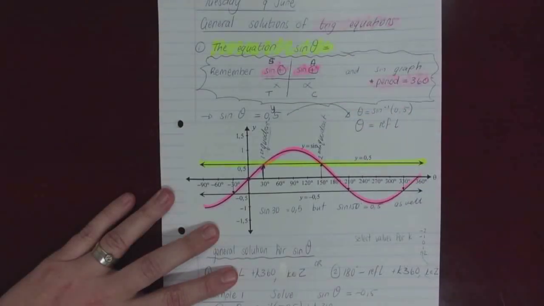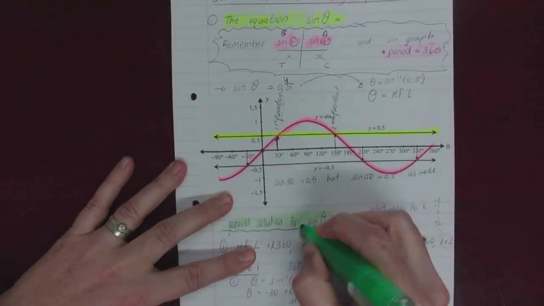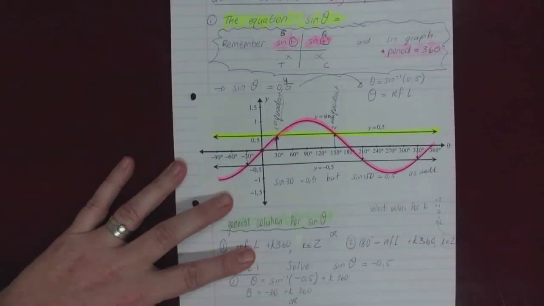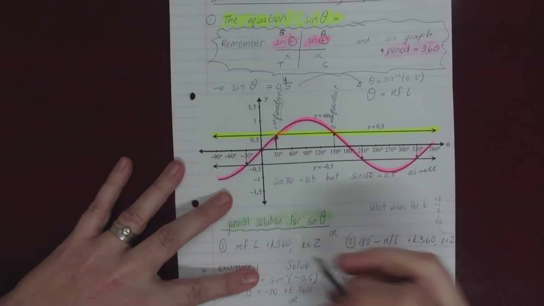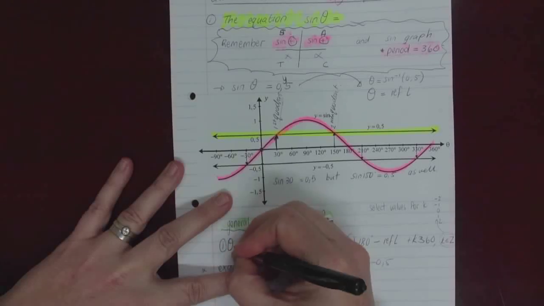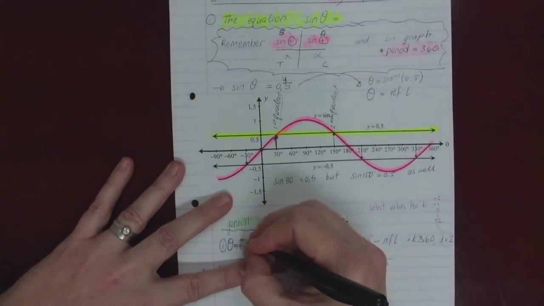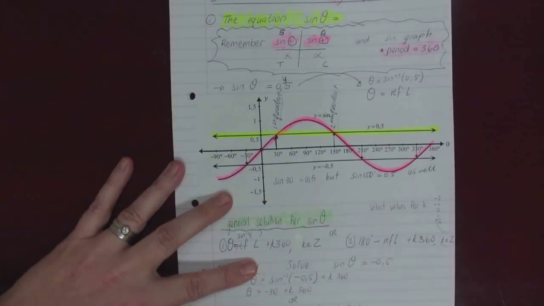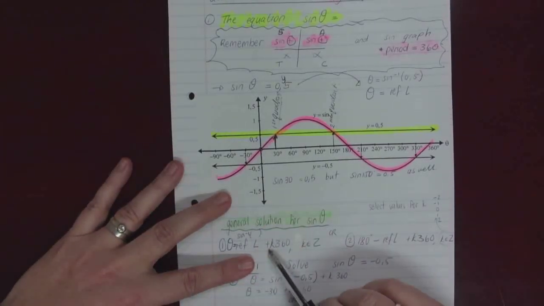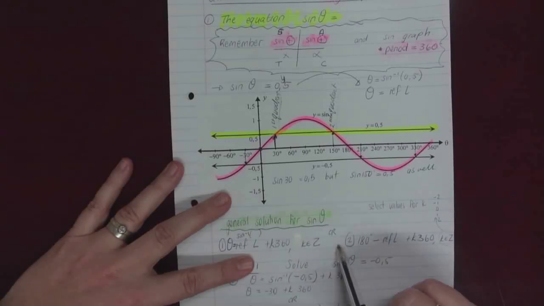Okay. So when we talk about solutions or equations in grade 11, we talk about general solutions, meaning which options will all give me the same answer. Okay, so the first one is theta is equal to the reference angle, which is your acute angle, or you can say sine to the negative 1 of whatever they gave me as the y value, plus k times 360, and k can be any integer.